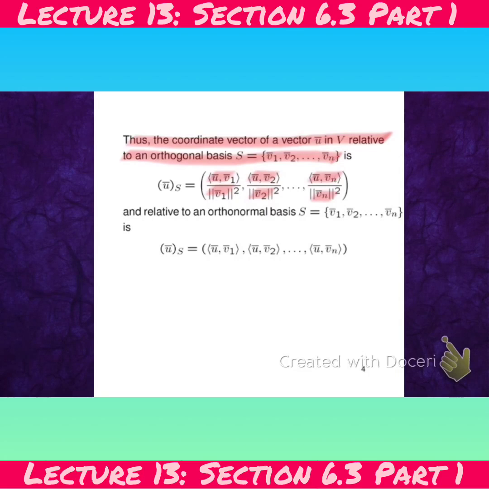The coordinate vector relative to the orthonormal basis, v1 up until vn, will be this vector here, and because it's orthonormal, each one of these norms is equal to 1, so it's just going to become that.